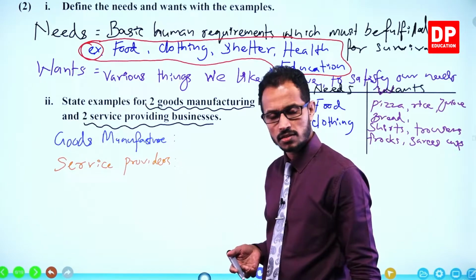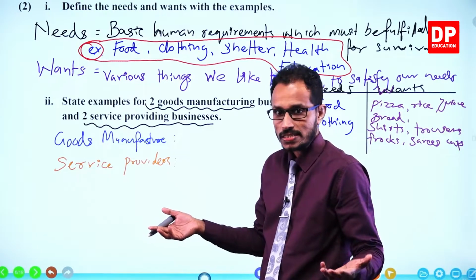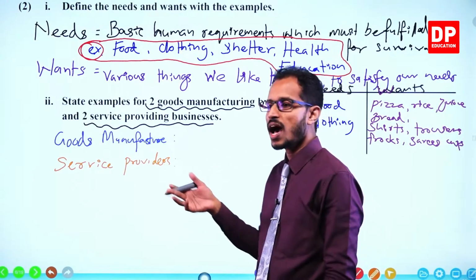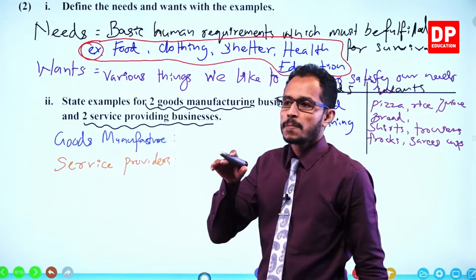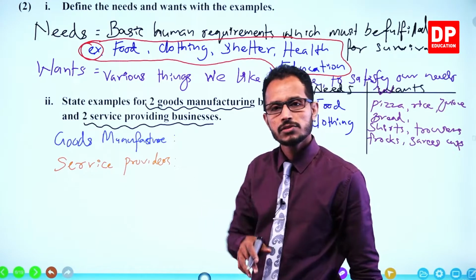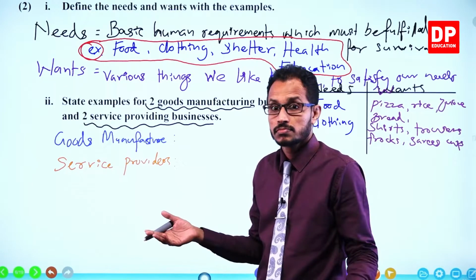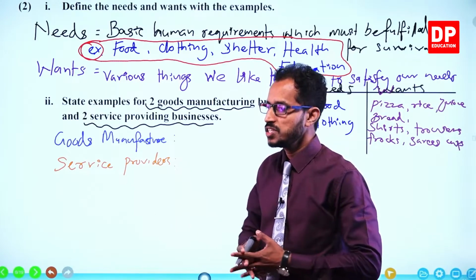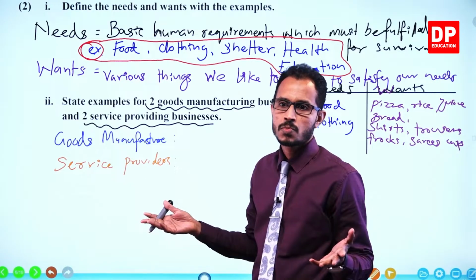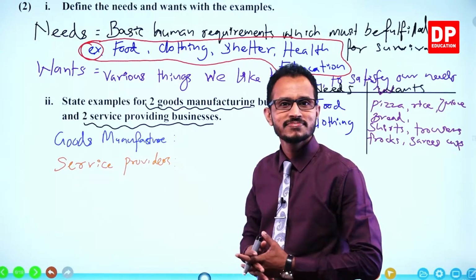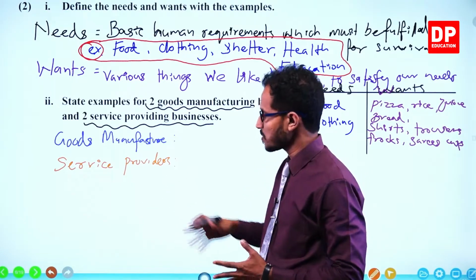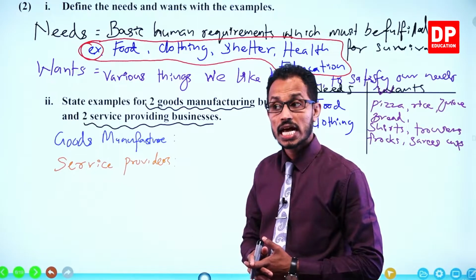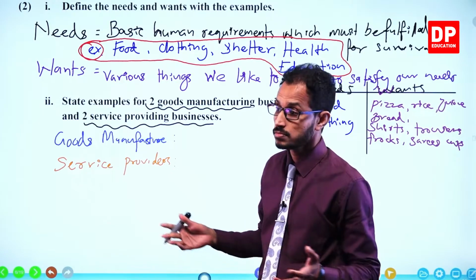Retailing, wholesaling, they are services. You can write a retail shop. Sahan groceries. Damith hardware stores. Malshi beauty salon, service providing. Keells supermarket, large scale retailer, service providing.